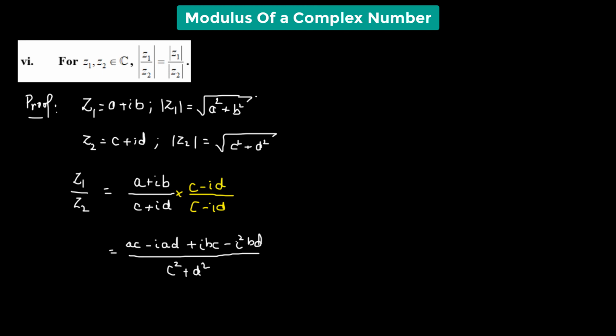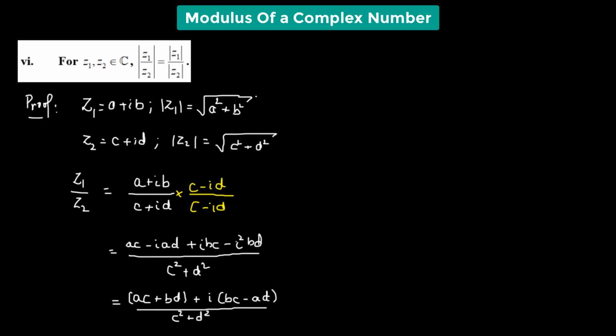We have done multiple problems based on this. So that gives us ac plus bd plus i times bc minus ad, divided by c squared plus d squared.